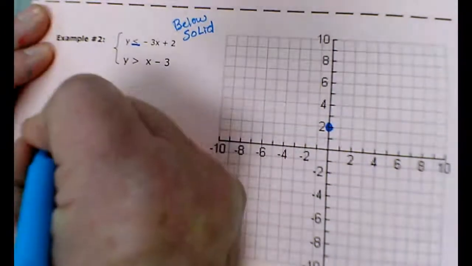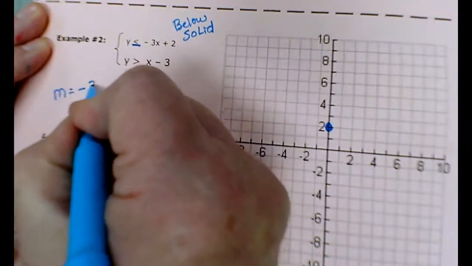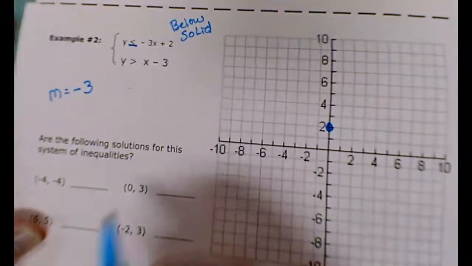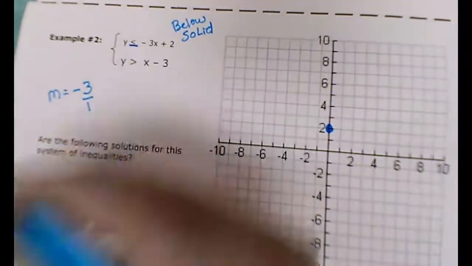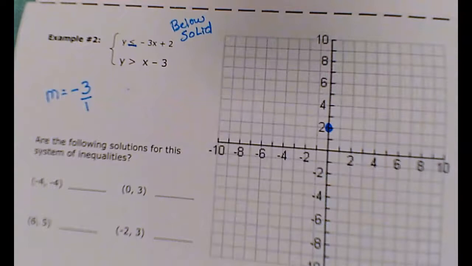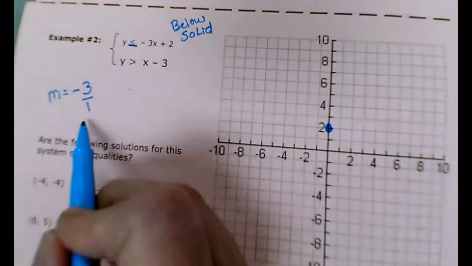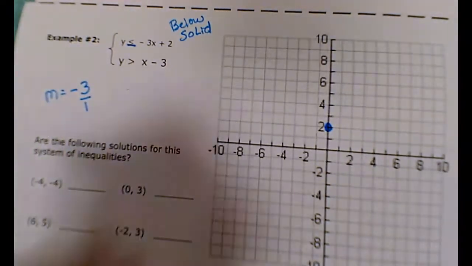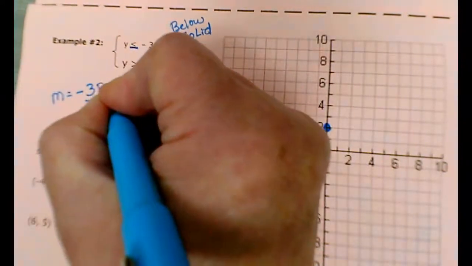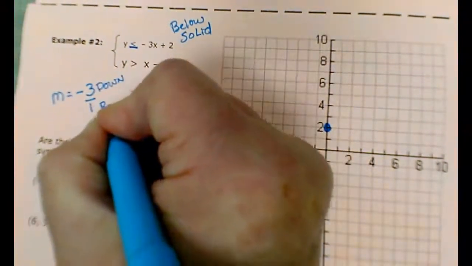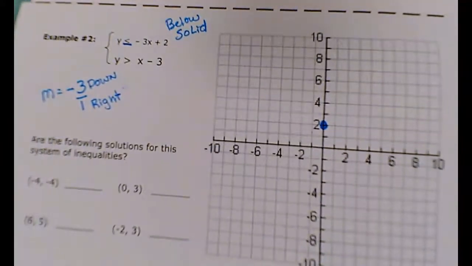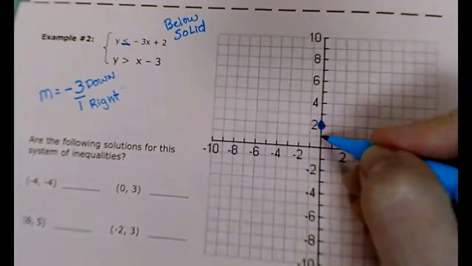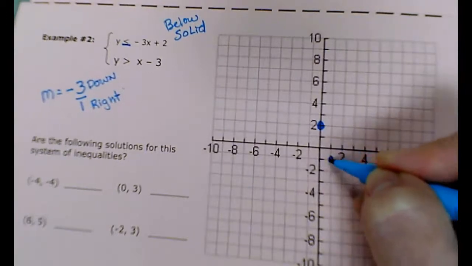And my slope here is negative 3. To be able to count the slope, I need a fraction, so that's going to be negative 3 over 1. That's equal to negative 3. And I'm going to count down because it's negative, and right. Down 3, right 1.